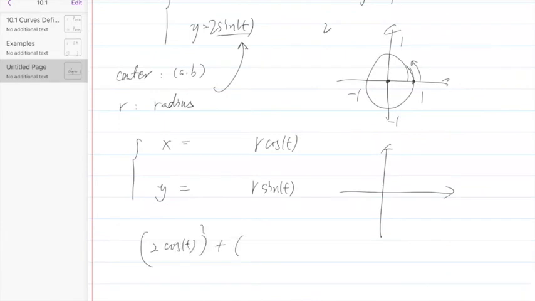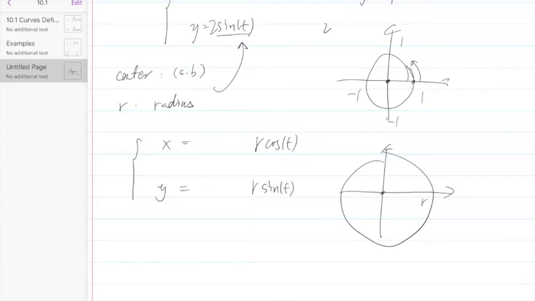For example, if you pick r equal to 2, then 2 cosine t, which is your x, and 2 sine t, which is your y, will give you x squared plus y squared equals 4. So if you want to double the radius, you just double your x, double your y. That would work. Okay.